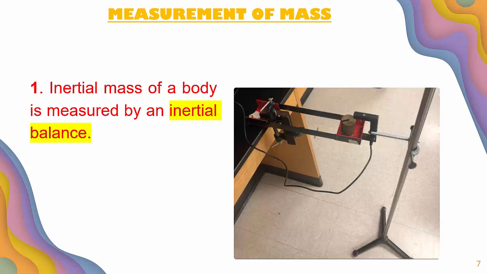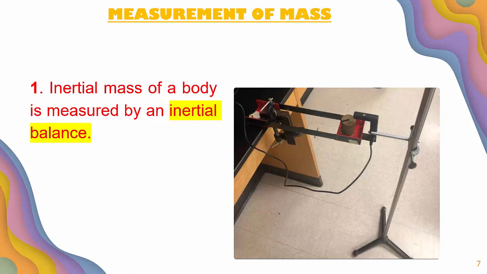You can observe this inertial balance here. The red inertial balance is clamped to our laboratory table, and the photo gate is clamped to the pole. We placed the mass on the center of the tray.